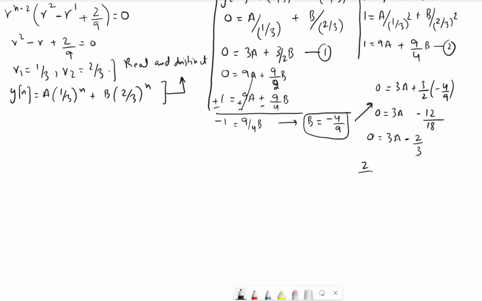So 2 by 3 is equal to 3a, and this 3 will divide there, so a is equal to 2 by 9. So we got both a and b.